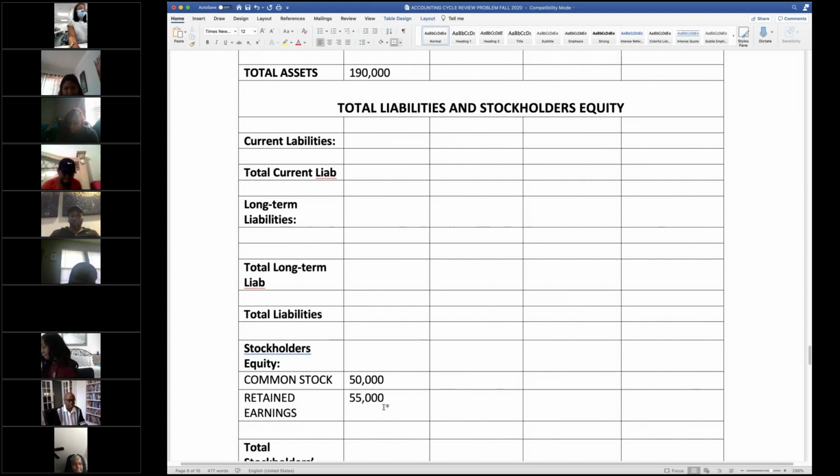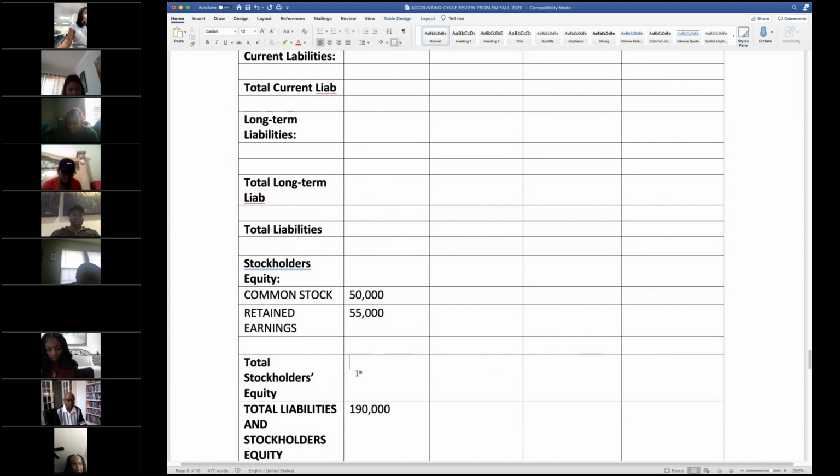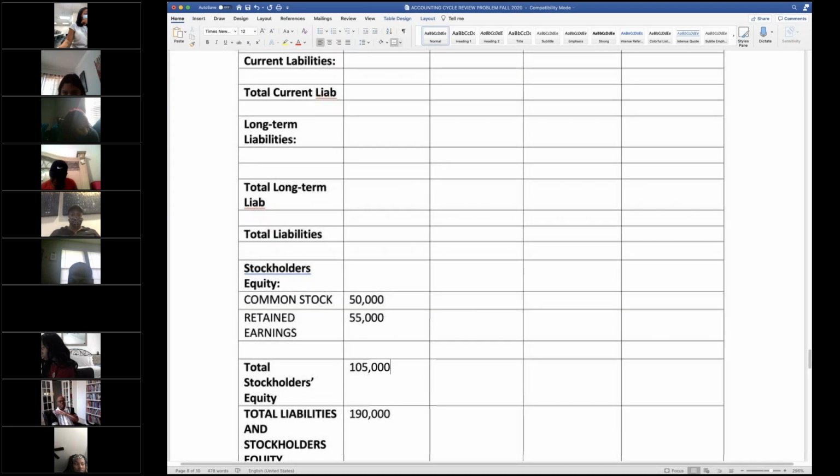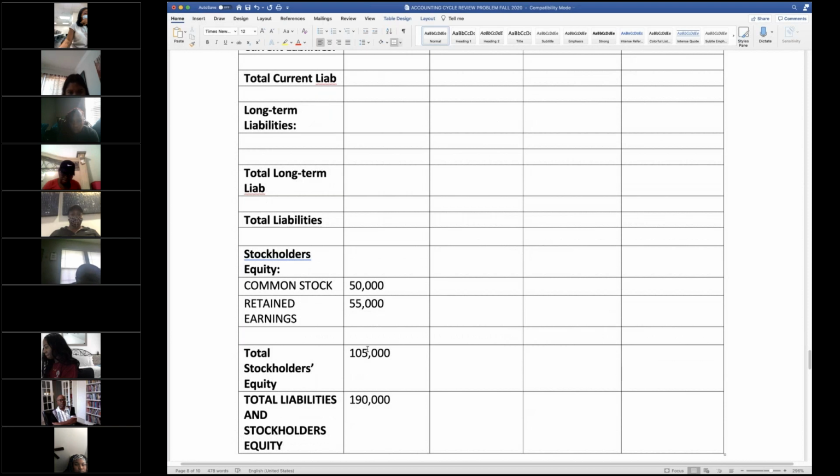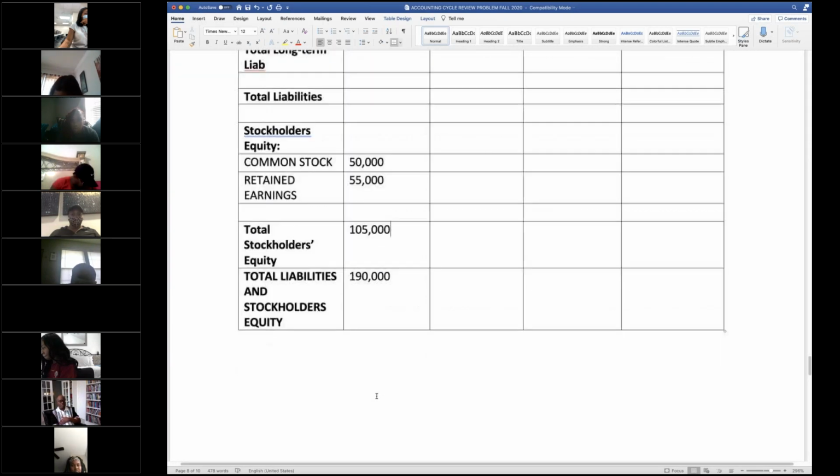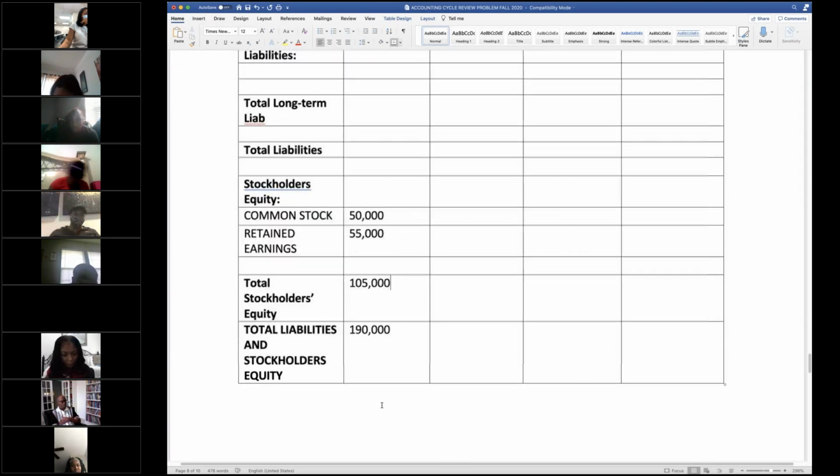So when I add these together, my equity is 105. I'm going to let you all put the liabilities in, but when you add the liabilities and the equity together, you need 190,000.